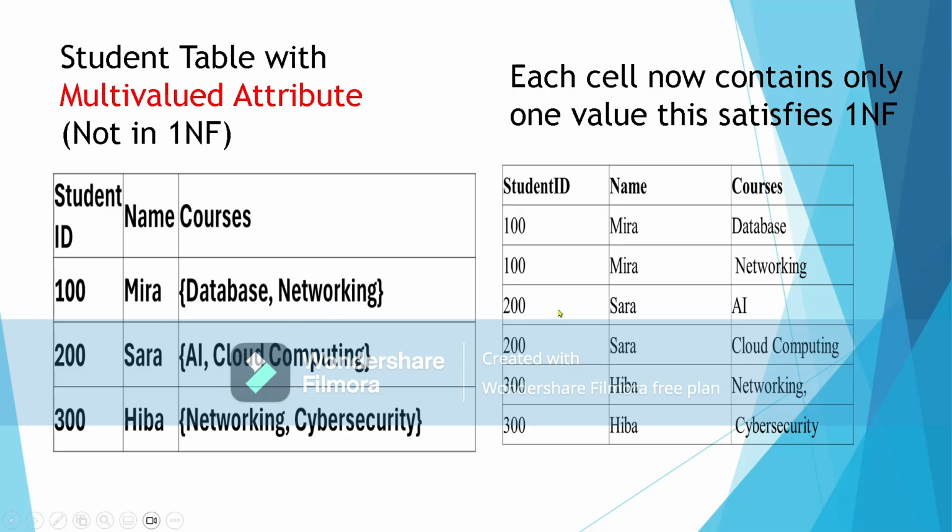Similarly, for the next record also, it is done. That is, the multi-valued attribute is removed, and each row contains an atomic value, which is shown in this figure.